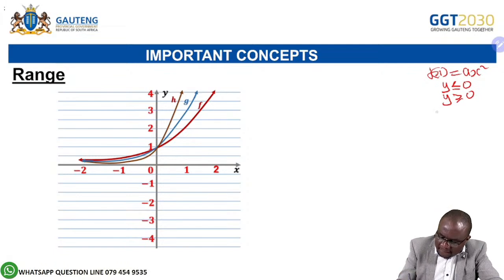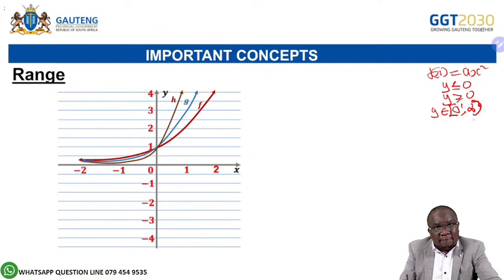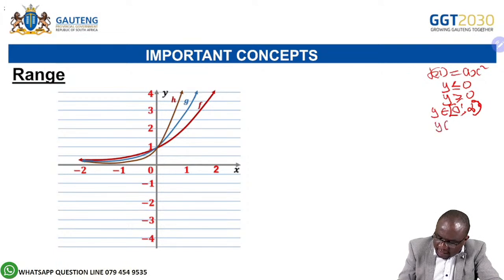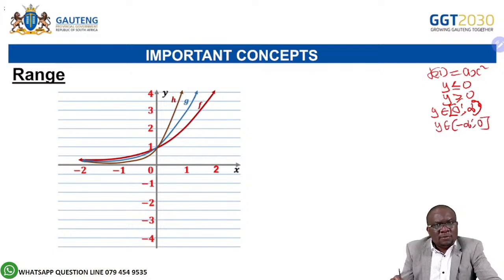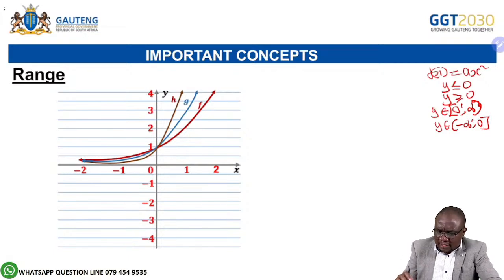Or you can say y an element of 0 to infinity, if the graph is concave up. Please remember the conditions. And also y an element of negative infinity to 0 if the graph is concave down. That is the range, but I will concentrate on this format.